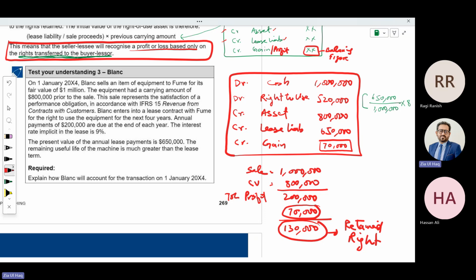Now, can you read this line? This means that the seller-lessee will recognize a profit or loss based on the right transferred to the lessor. So this is profit relating to the right transferred.